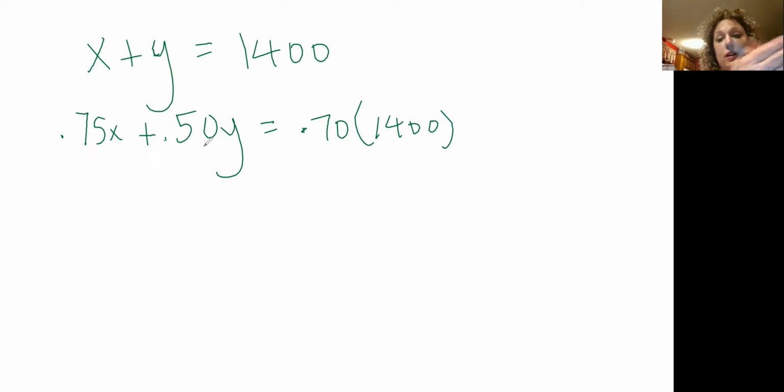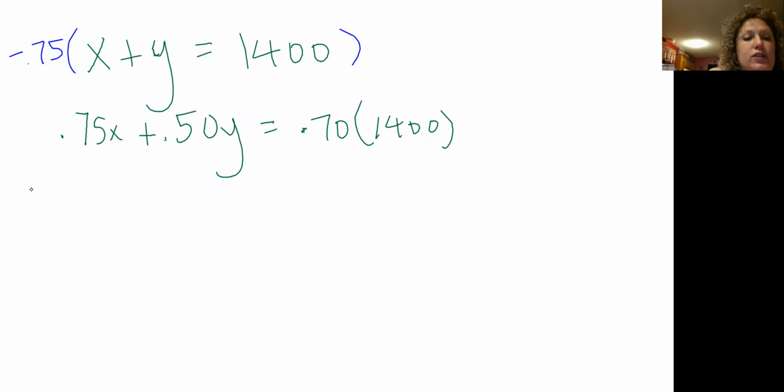All right, so now you can choose to solve this system of equations however you would like to. It doesn't really matter. I am probably going to just use elimination because that's what I like to do. So I am going to multiply this top equation, the entire thing, times negative 0.75 because I want to get rid of that variable.